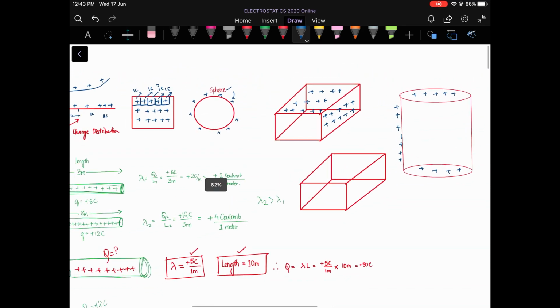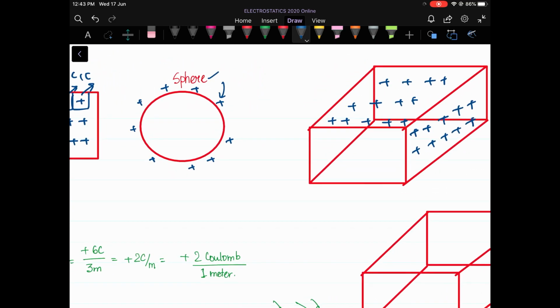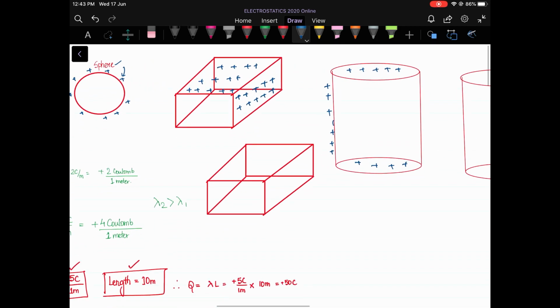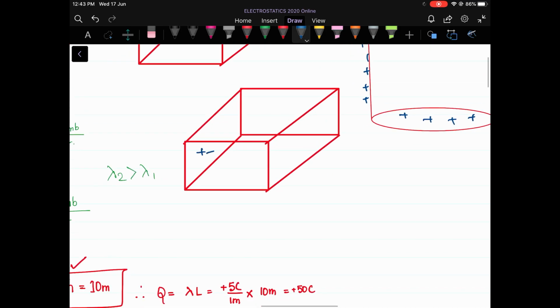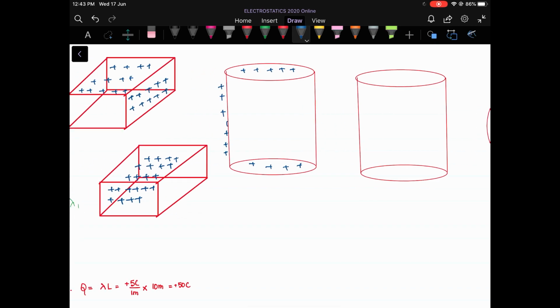The third type of distribution that we can talk about is that instead of having the charges on the surface of a 3-dimensional body, suppose we have charges inside the body, that means throughout the volume, then this kind of distribution we have to start calling volume charge distribution. Here you can see in the cube we had charges on the surface, but now we have them inside the volume.